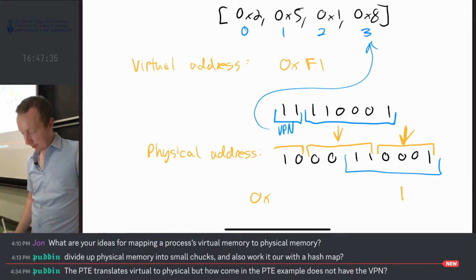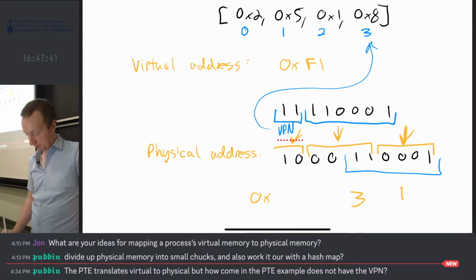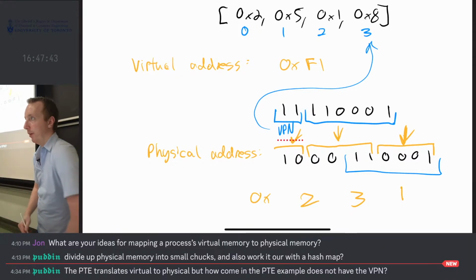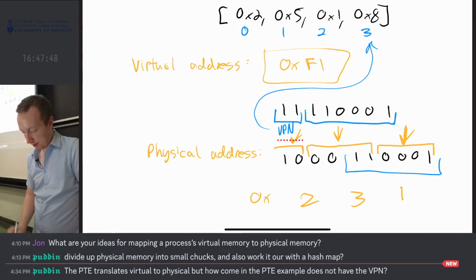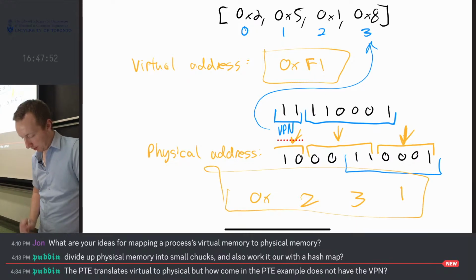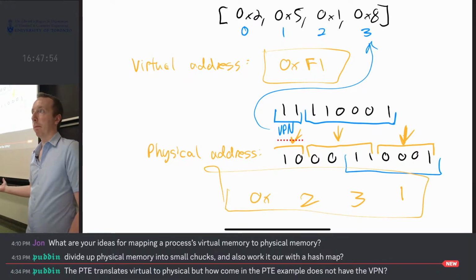What is this in hex? 3. What is this in hex? 2. So given this page table, if a process tried to access virtual address F1, it would be translated to physical address 231. Everyone see how we got that?